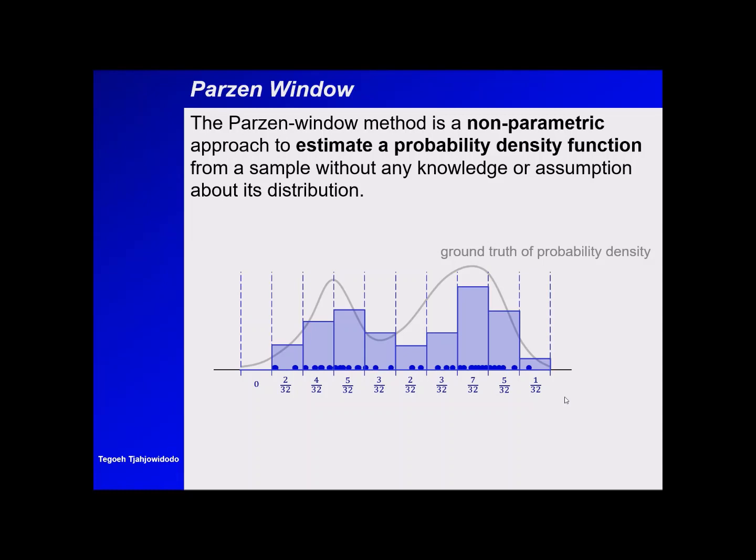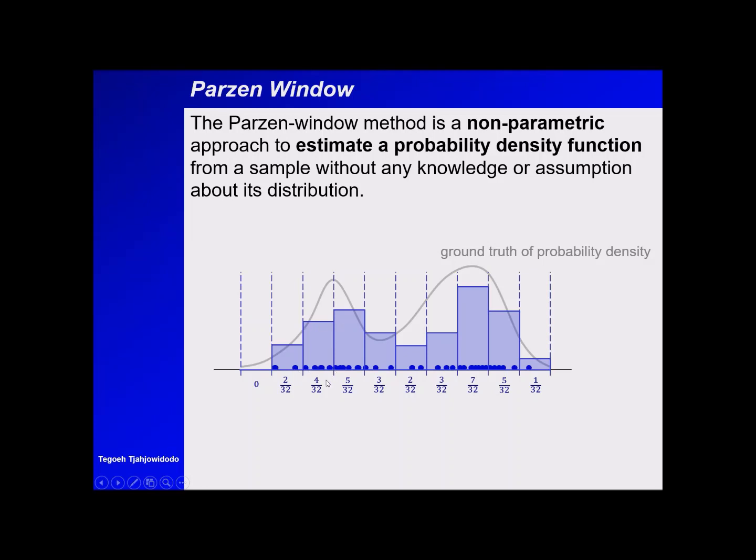But in our histogram here, because what we are going to draw is the probability function, the nice thing, the unique thing is that the area of this rectangle here corresponds to the probability. So let's say this area is 2 over 32.